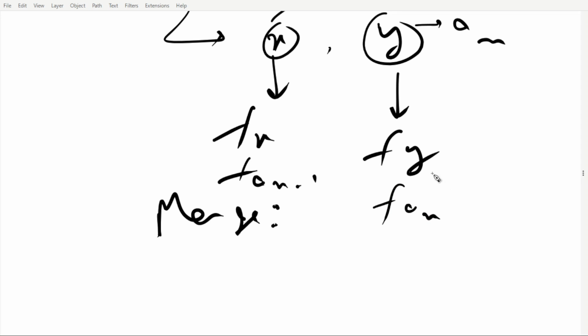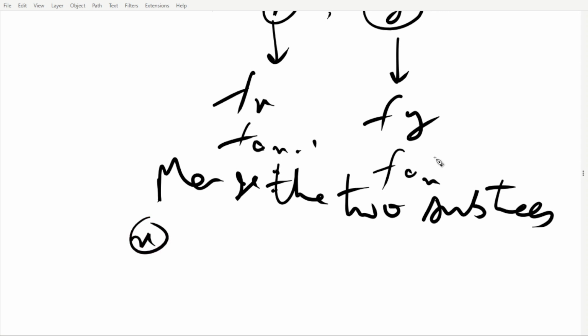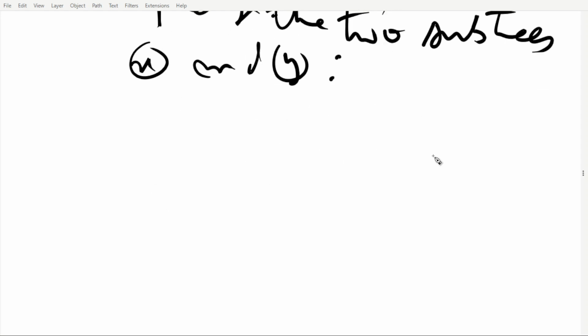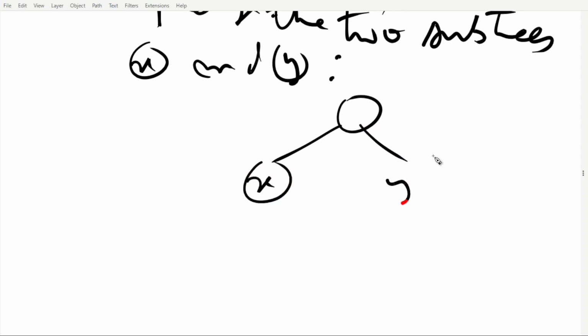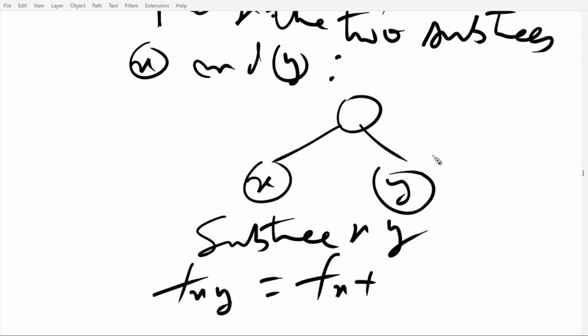So what we do next is merge the two subtrees x and y. How we merge? So example I have already shown. Merge them like this. Call this subtree xy. This is the subtree xy with the corresponding frequency fxy equal to fx plus fy.